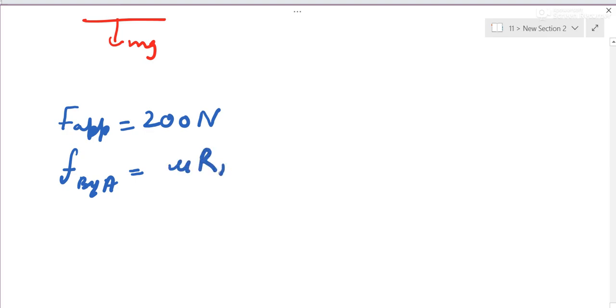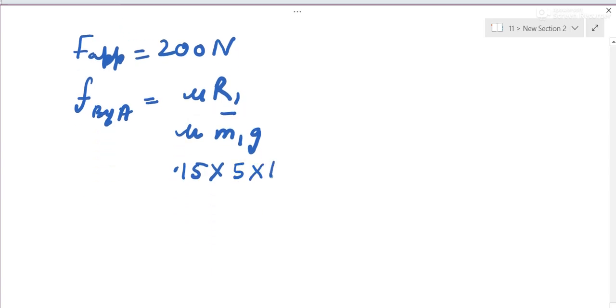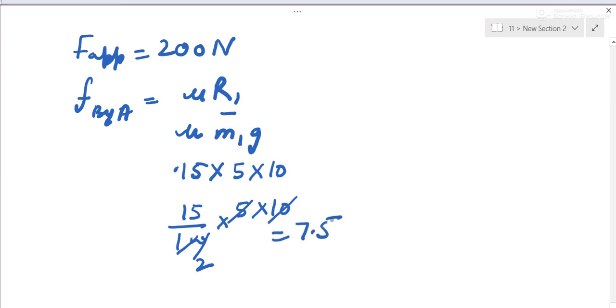Mu into R1. That is mu into M1 into g. So, you can substitute mu. M1 is 5 and g is 10. That's 15 by 100 into 5 into 10. 5 twos are 10. 15 twos, it's 7.5.